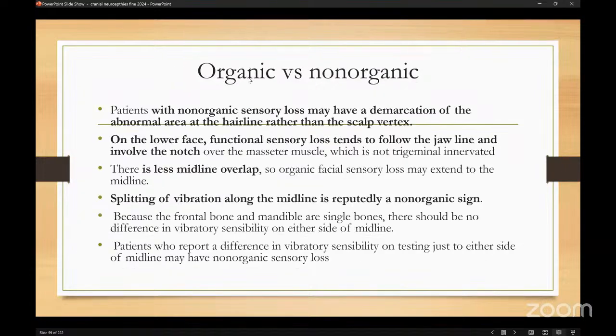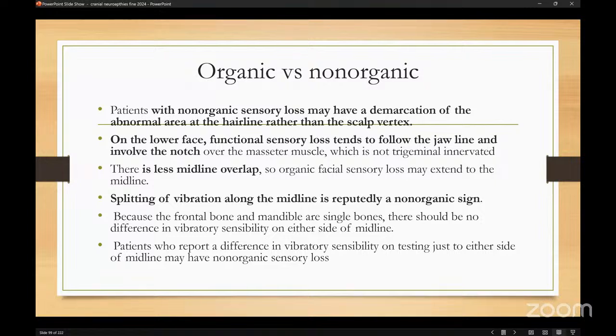And how do you differentiate between the real sensory loss or somebody who is just malingering, or non-organic sensory loss? If somebody has a complete strict vertical sensory loss, then it is less likely to be organic. Because in real sensory loss there is a lot of midline overlap, so it can go beyond the midline also.